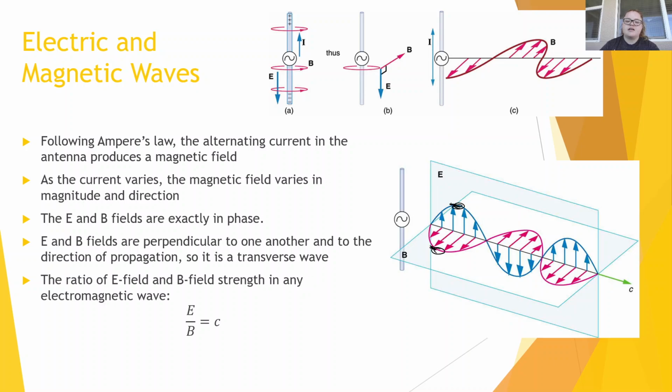Because it is propagating in the direction that is perpendicular to both E and B, we say that it is a transverse wave.